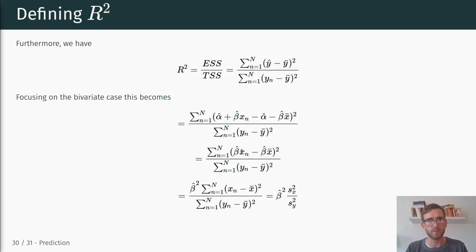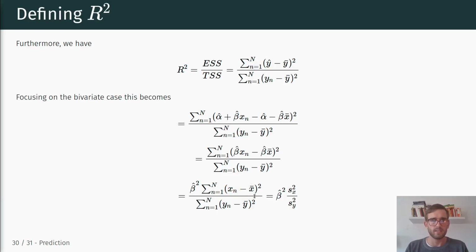We can then pull out the beta hat squared and pull that in front of the sum. So we're left with beta hat squared times the sum of (xn minus x bar) squared.